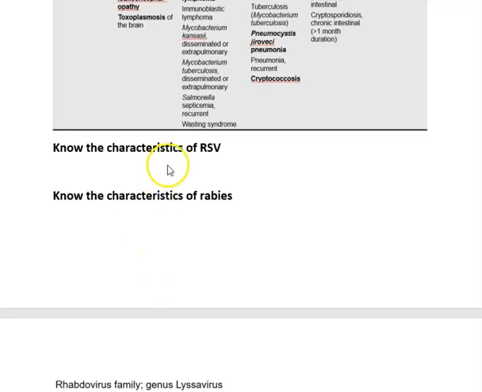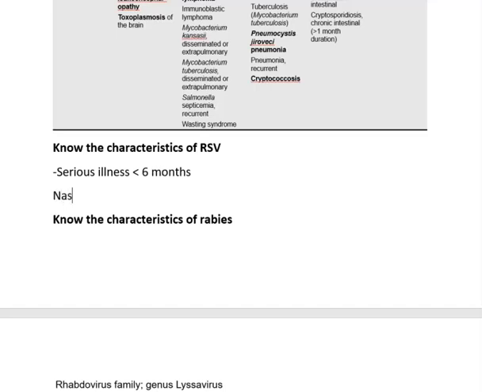Okay, the characteristics of RSV. What do I want you to know here? I want you to know that this can cause serious illness in children under 6 months of age. It's going to use the nasopharynx as the main replication site.